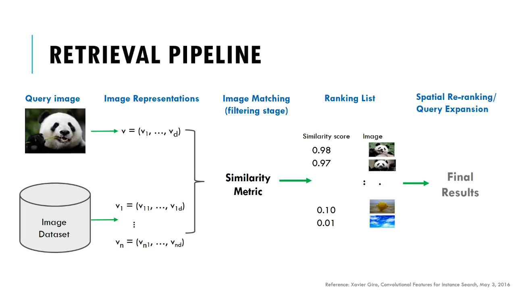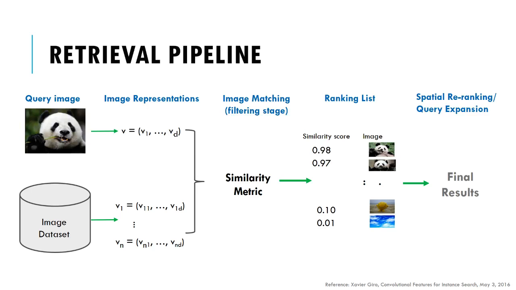Then once we reach the similarity metric stage, when we filter the images, we'll be applying one of several common similarity metrics. For example, cosine similarity, finding the angle between the vectors, Euclidean distance, or dot product, which is very fast.